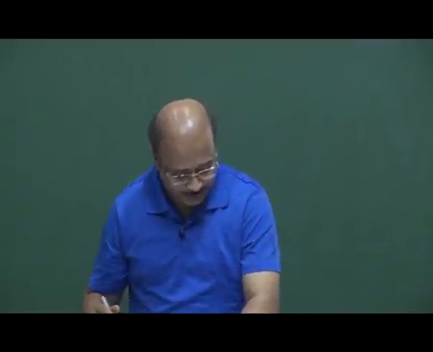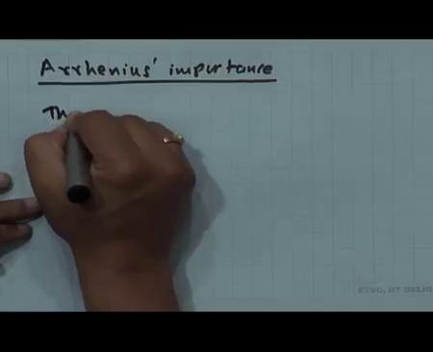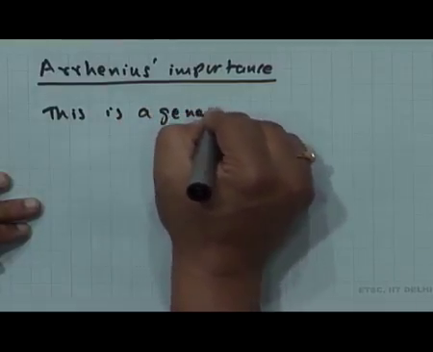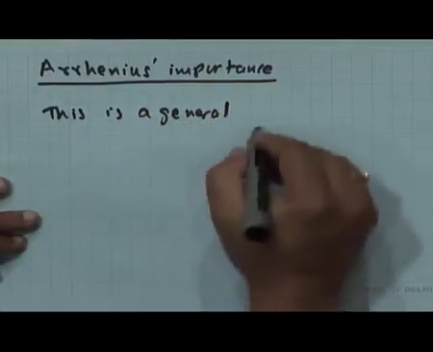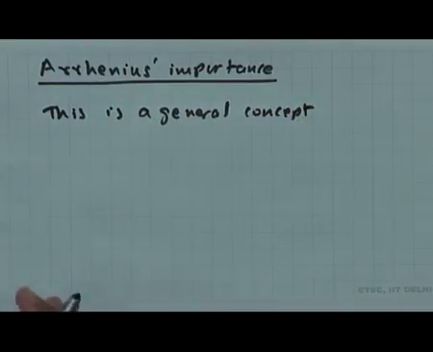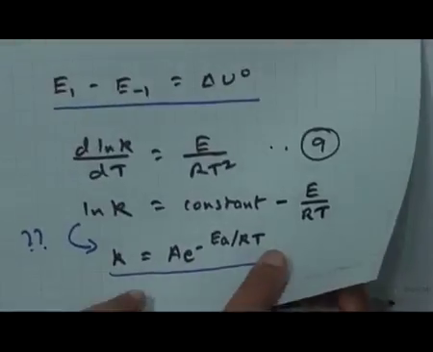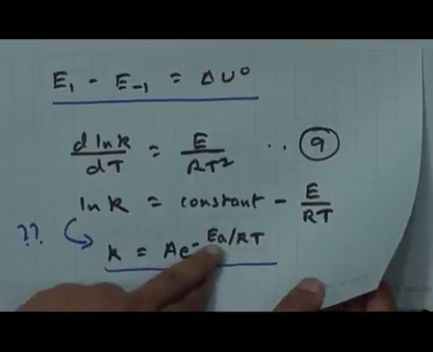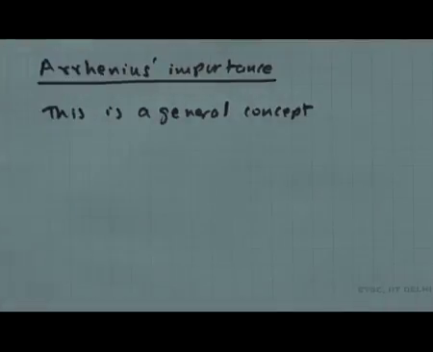So, what he proposed was that this is a general concept. This means the Arrhenius or the previous equation, which is k is equal to A e to the minus E_a over R T. So, here you see I have replaced this E by E_a, which is essentially our activation energy.